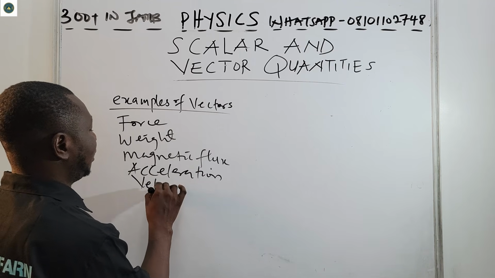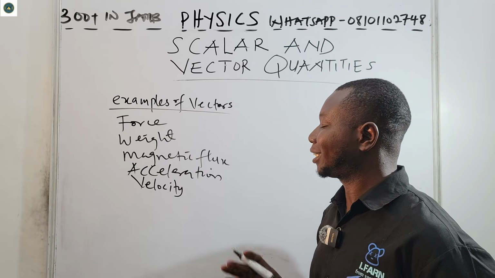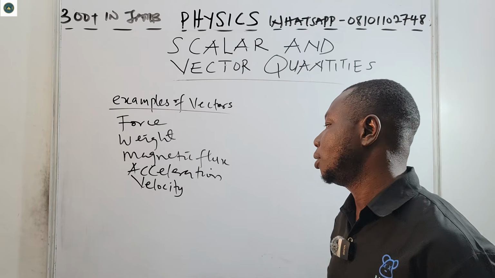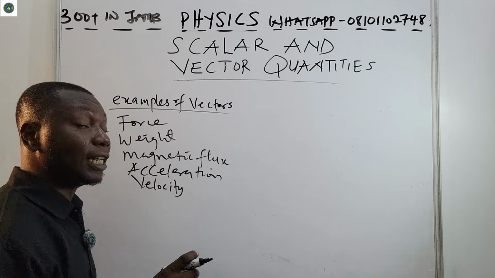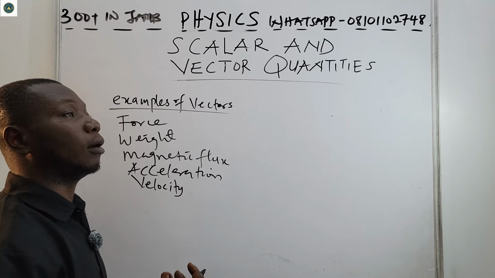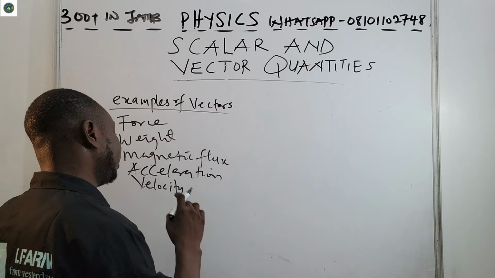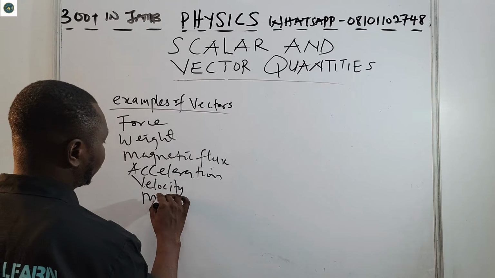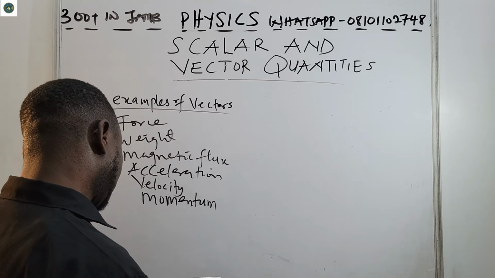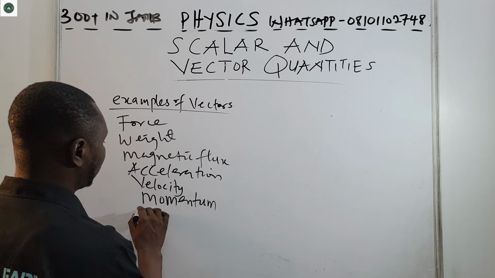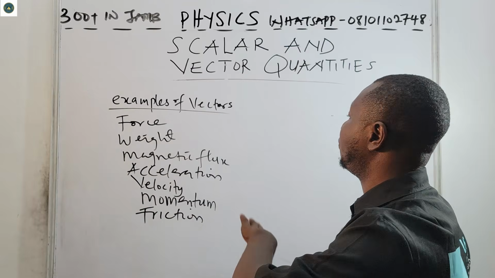Then velocity. I told you before the difference between velocity and speed. Similarly, velocity and speed are both measured in meters per second. But the difference is that velocity is displacement per unit time in a specific direction. We mention a specific direction because it's a vector quantity. Then momentum, friction, etc. So these are vector quantities.